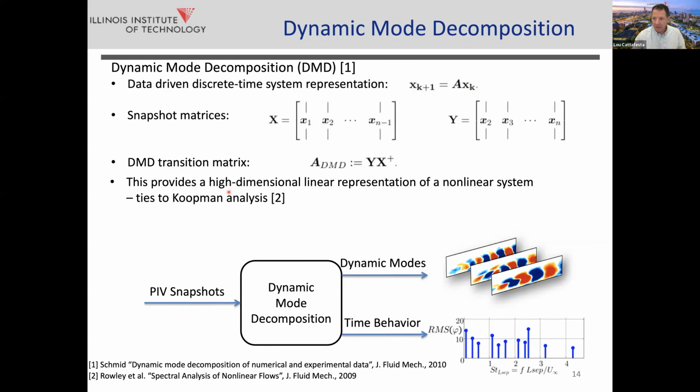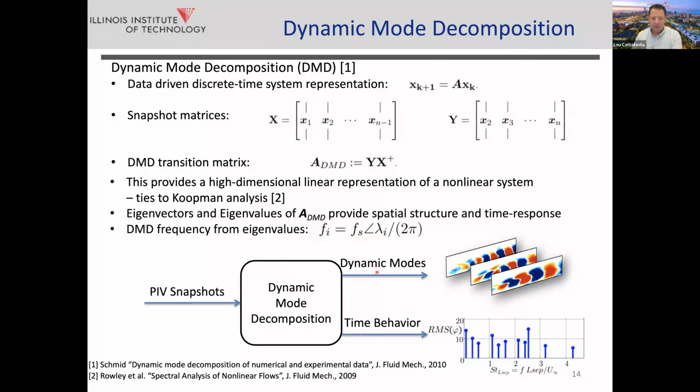And in some sense, it is an approximation of the Koopman operator, which is an infinite dimensional operator of a nonlinear system. How do we interpret this? Each POD mode oscillates at a particular frequency. So if you take the snapshots, whatever the data happens to be, and perform the DMD on this, and analyze this DMD matrix, essentially the eigenvectors of this are the modes, and the corresponding frequencies, the eigenvalues, come from that.